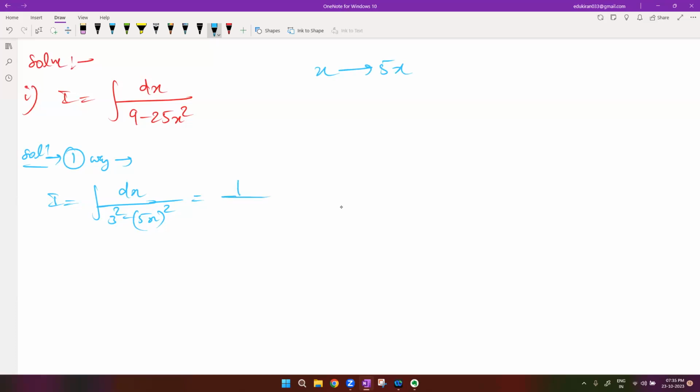Okay. So this is 1 by 2a. What is a? A is 3. Then this is log of a square minus x square, so it should be x plus a and x minus a. Just don't forget to divide the whole answer by the coefficient of x, which is 5.